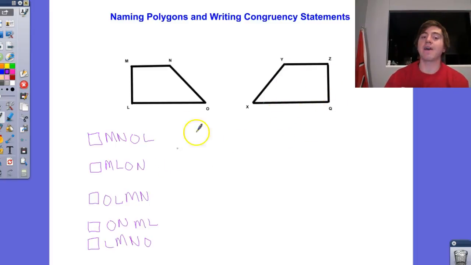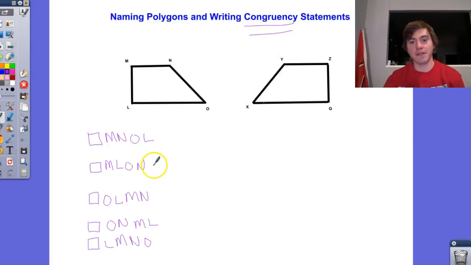But if I want to write a congruency statement, that's different than just naming it. When you're writing a congruency statement, you need to name one first, and then each one of these needs to match up with the corresponding vertex on the other one.